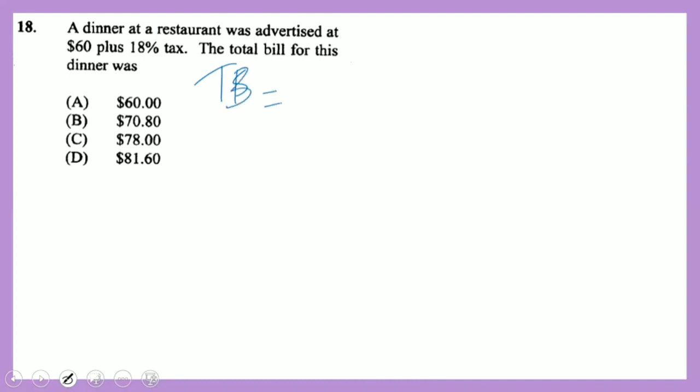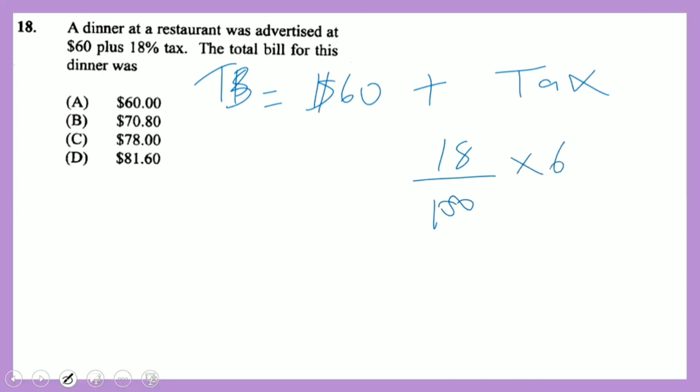You're not required to show workings because it's a paper one question, so we can shorten as much as we like. So the total bill is going to be $60 plus the tax. We know that the tax is 18% of $60.